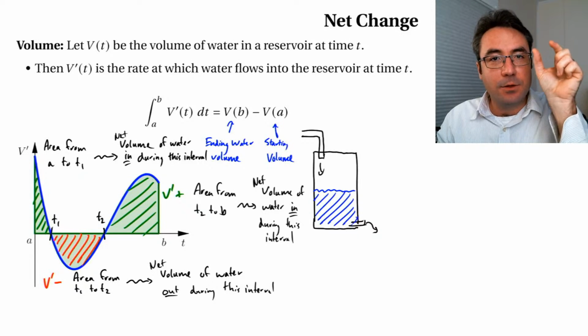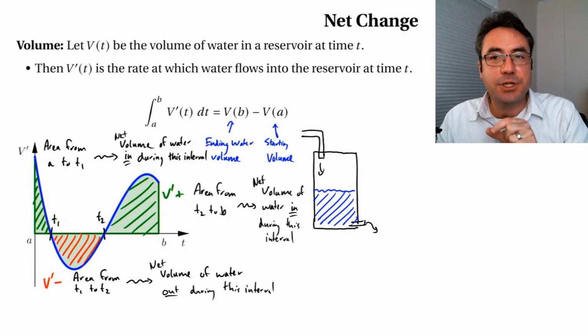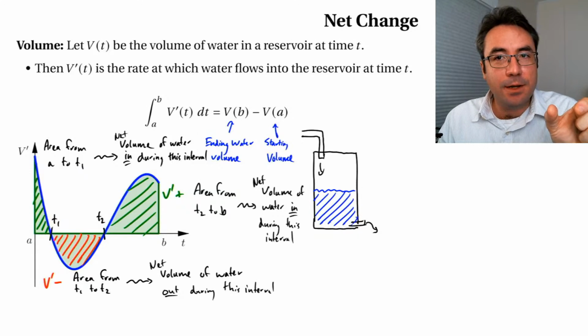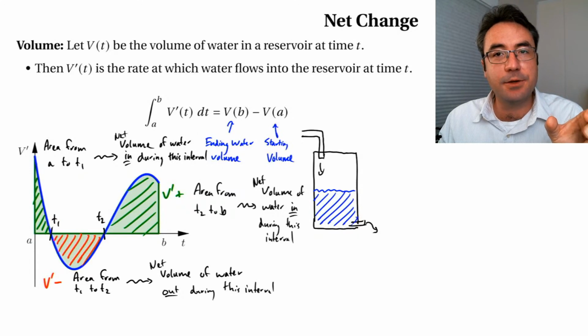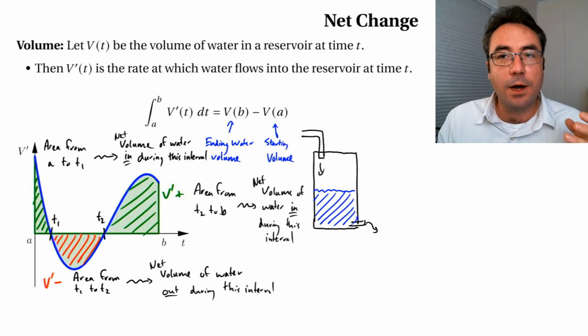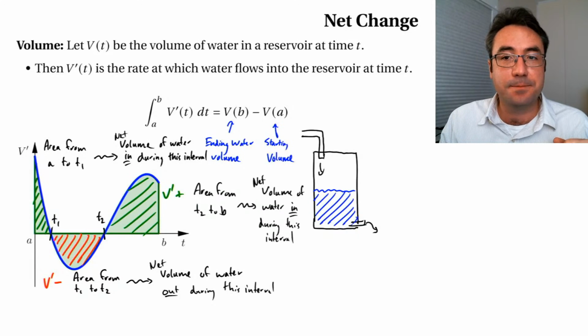And so by looking at the area of each of those shaded regions, if we look at the area from A to T1, really what we're calculating there is the net volume, how much water comes into our system during that interval.